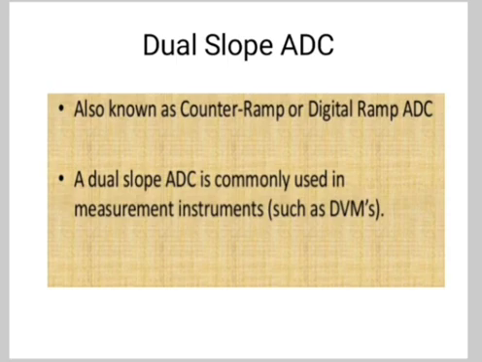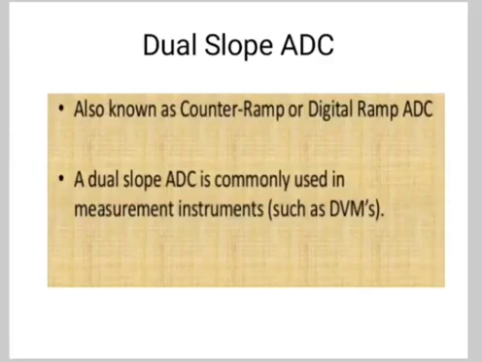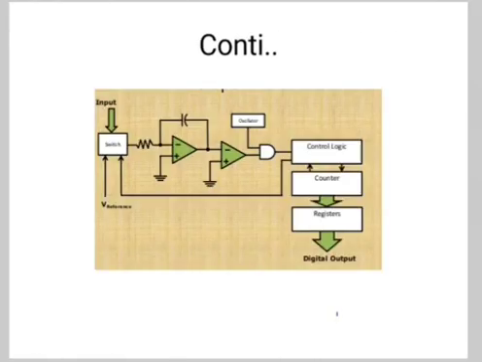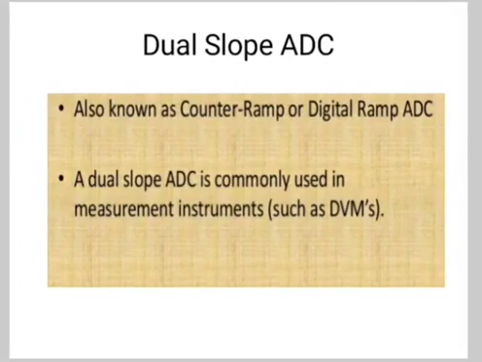A dual slope ADC is commonly used in measurement instruments such as DVMs. As the name suggests, a dual slope ADC produces an equivalent digital output for the corresponding analog input by using the dual slope technique.